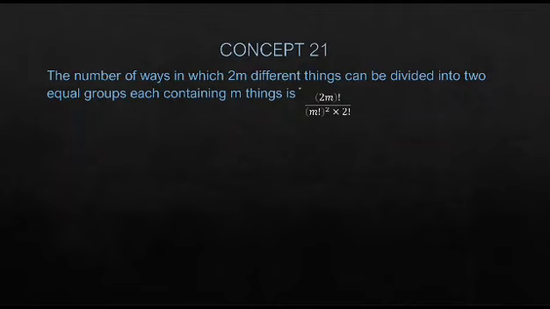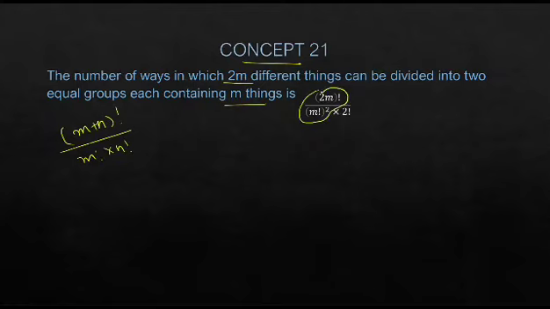In this video, we'll be continuing with concept number 21 of permutations and combinations. It says the number of ways in which 2m different things can be divided into two equal groups, each containing m things is this. If you compare this formula with the previous formula, that was (m+n) factorial over m factorial into n factorial, this particular part is similar.